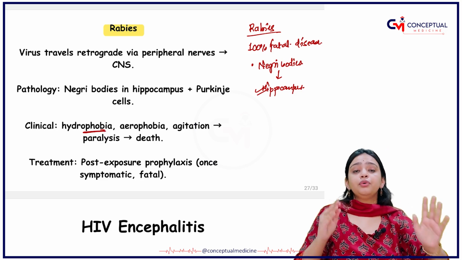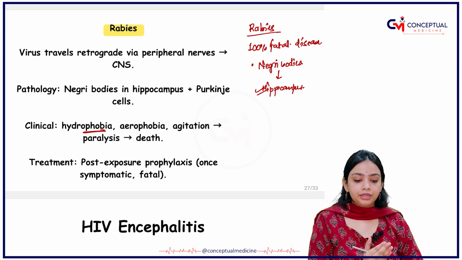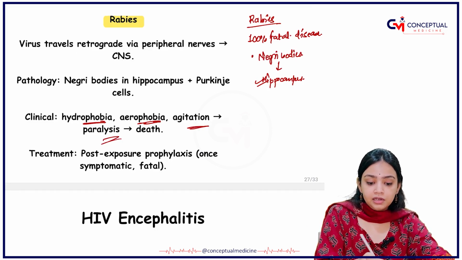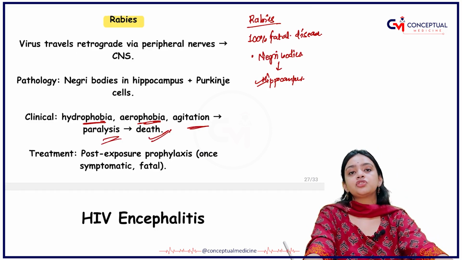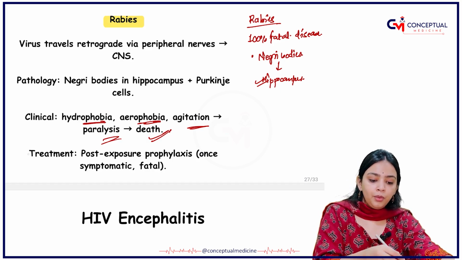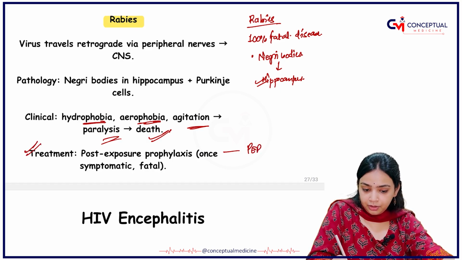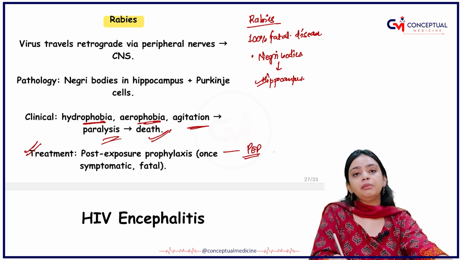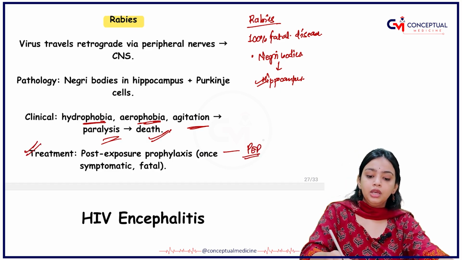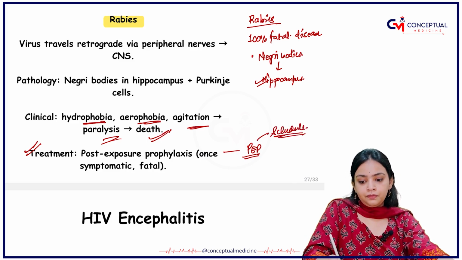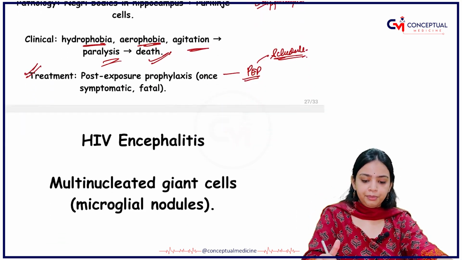There will be hydrophobia, fear of water. There will be aerophobia, agitation, paralysis, and after the paralysis there will be death. What is the treatment? There are the post-exposure and pre-exposure regimens. You have a proper schedule for them, which you will read in your PSM.